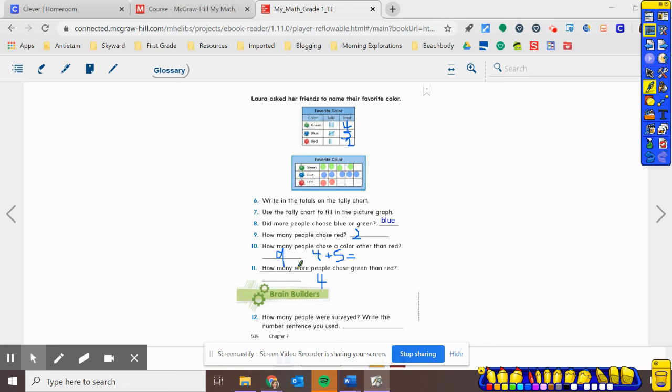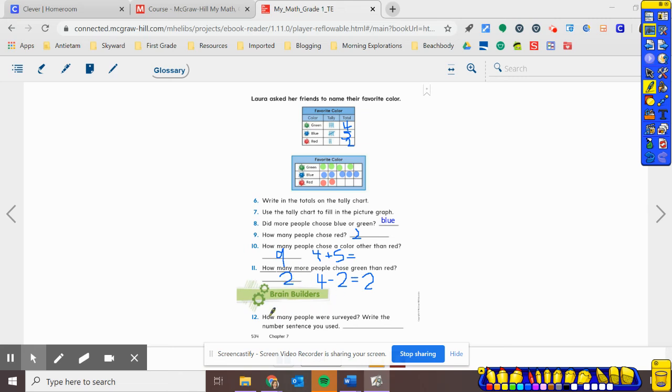Because it tells me that I need to subtract. So 4 minus, how many people chose red? 2. So what is 4 take away 2? 4 minus 2 equals 2. So that is how many more. 2 more people chose green than red.